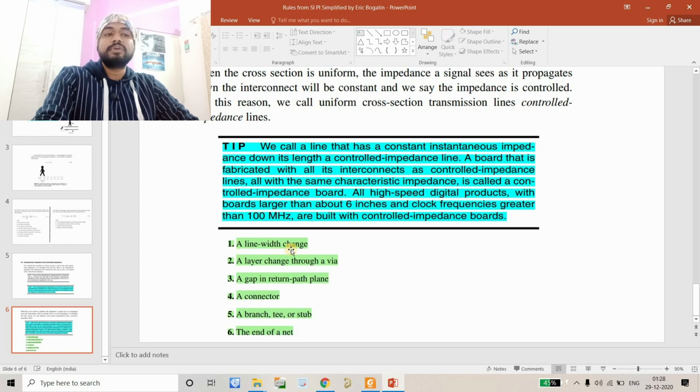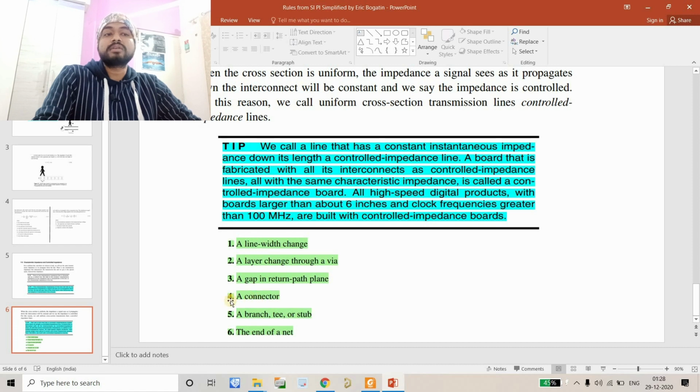One is line width. Obviously, if we change the width of a track, then the capacitance will change, right? A layer change through a via. Again, a via adds its own inductance properties, right? So if we are using multiple vias throughout the line, there will be discontinuity in the impedance. Another is gap. Gap is basically related to coupling, or again the capacitance, right?